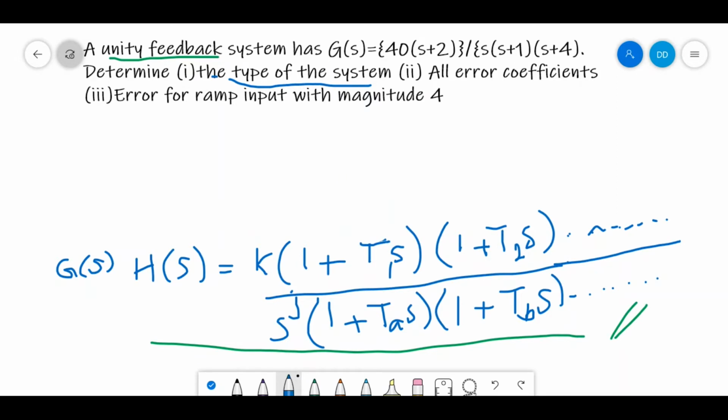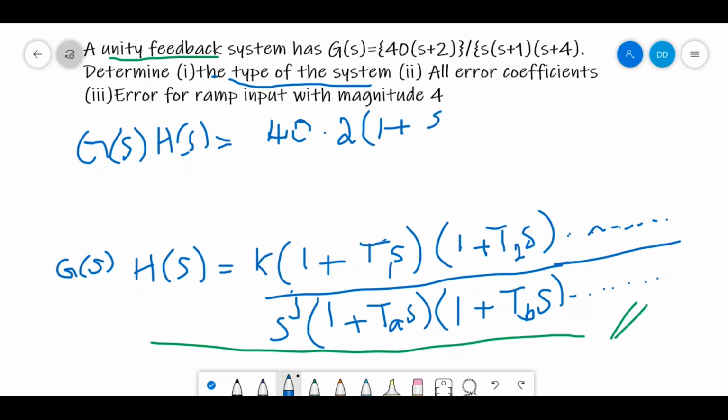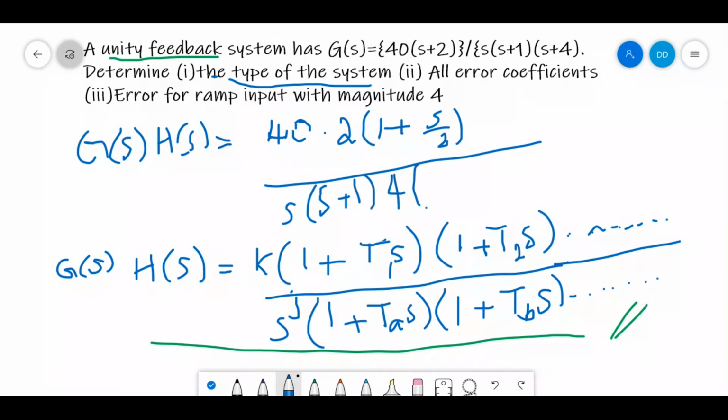Now we will rewrite G of S into H of S in the standard form. G of S into H of S is equal to 40 into, taking 2 outside, 1 plus S by 2, the whole divided by S into S plus 1 into, taking 4 out, 1 plus S by 4.